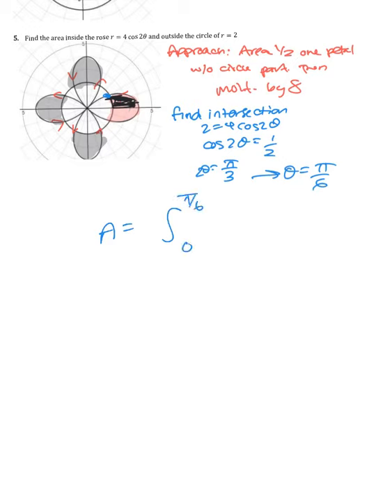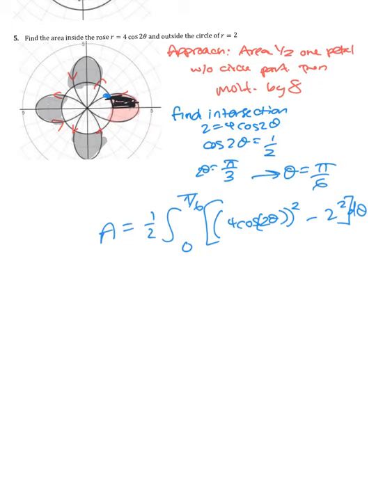So we just found the top half of our bound, pi over 6. We did see that this petal starts at 0. The petal area is bigger than the circle area, so we need to do petal area, which is 4 cosine of 2 theta squared, minus the circle area, integrate that with respect to theta, d theta.